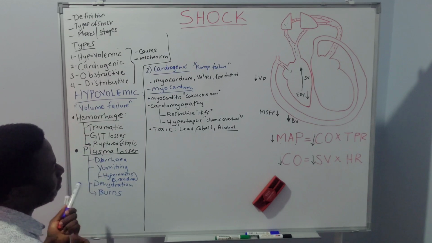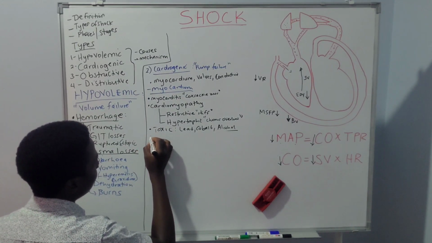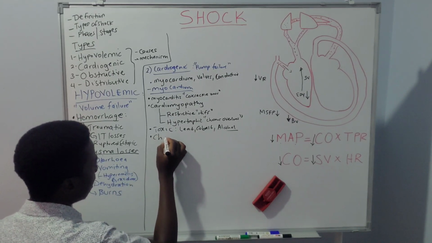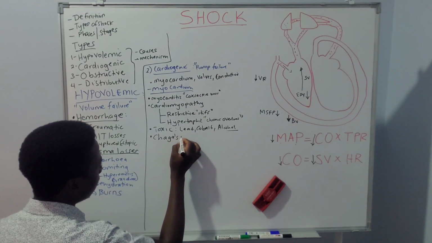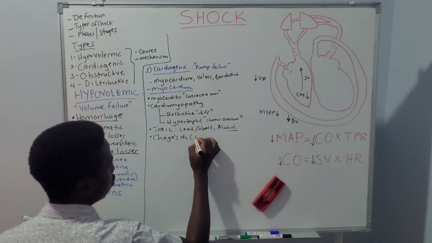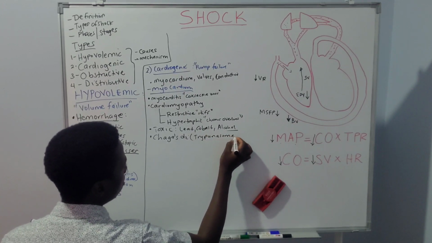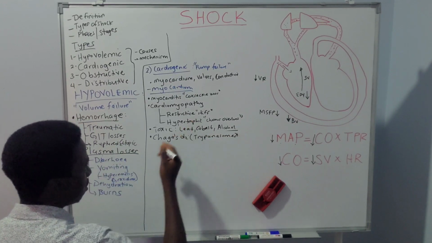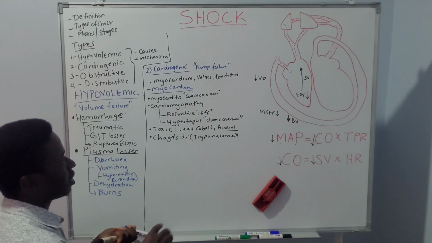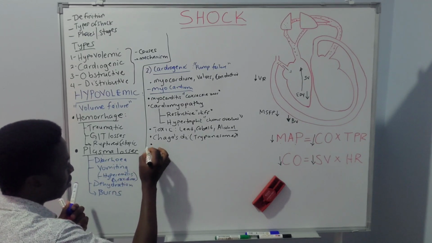We also have Chagas disease, where you have these microorganisms, the trypanosomes. These trypanosomes have a preference to damage the myocardium, and damaging the myocardium definitely is going to affect the contraction ability of the heart.